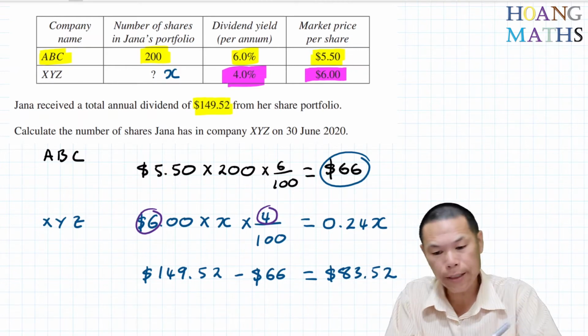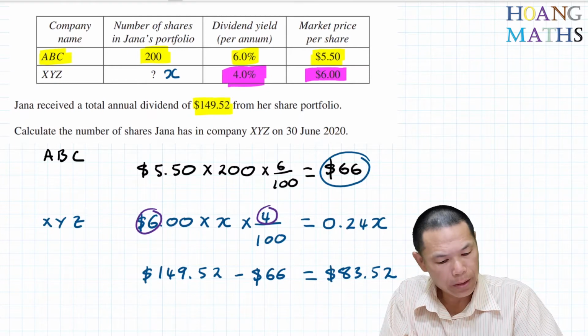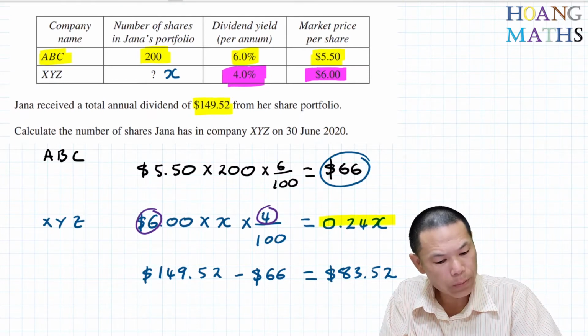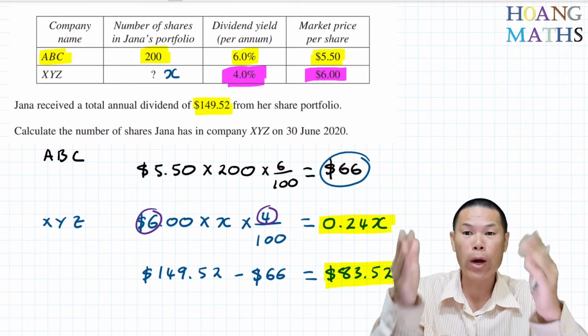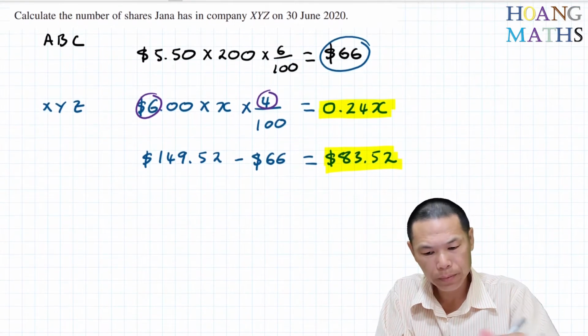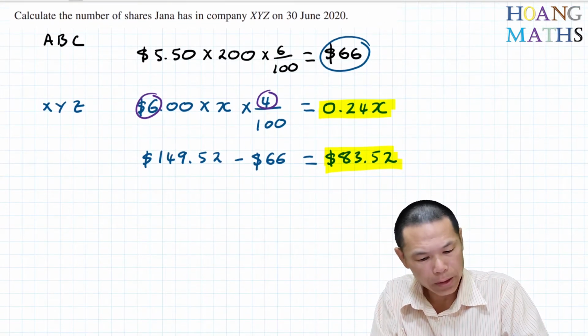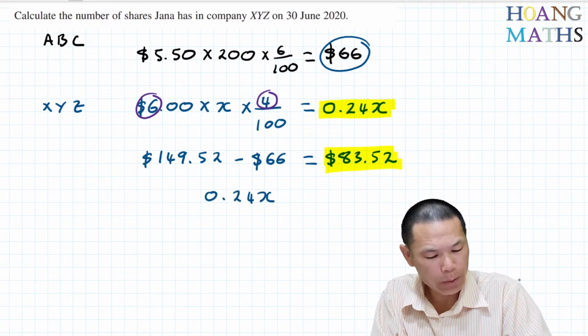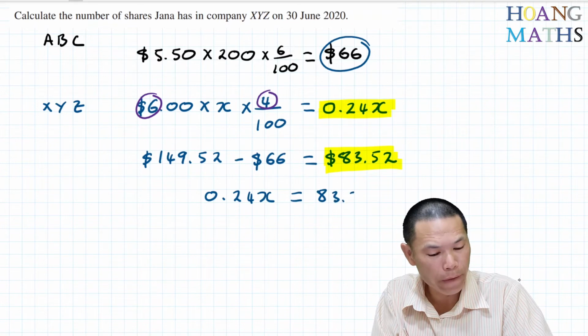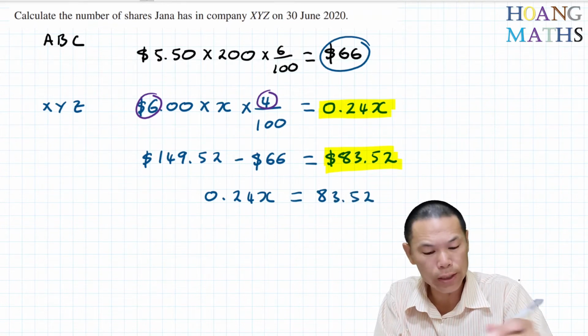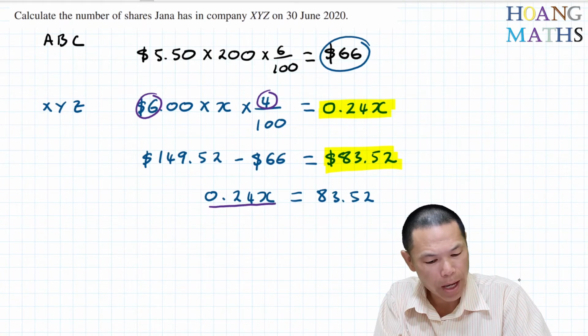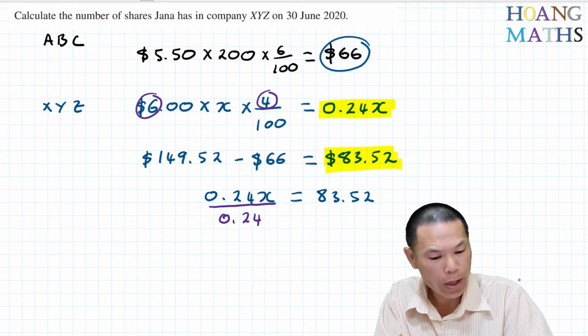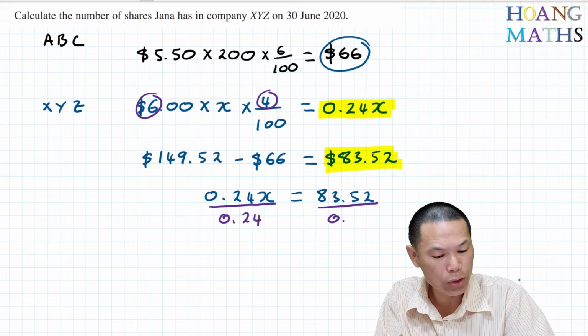This means that the dividend for XYZ we worked out earlier, 0.24X, is equal to $83.52. Now we just equate that. So 0.24X is equal to 83.52. To solve this equation, we divide this by 0.24, and we divide this by 0.24.